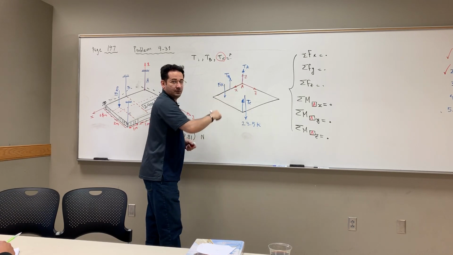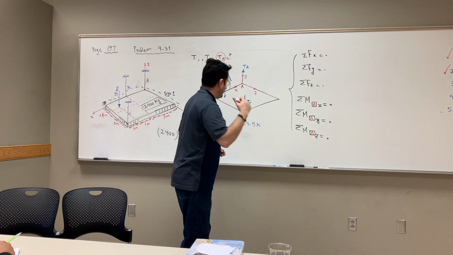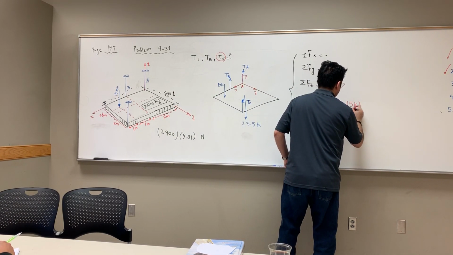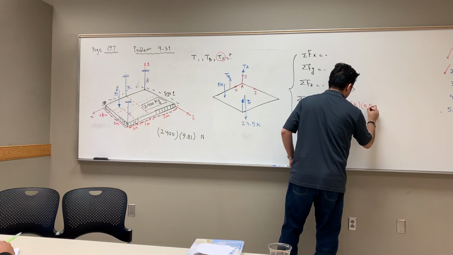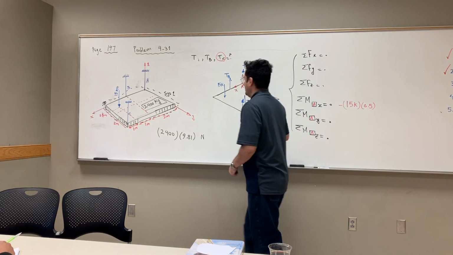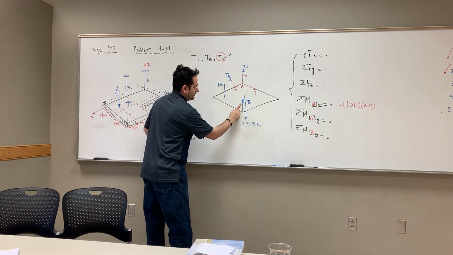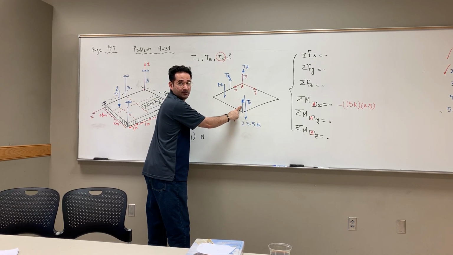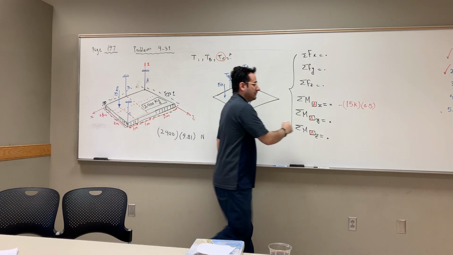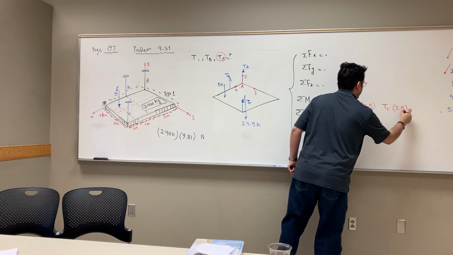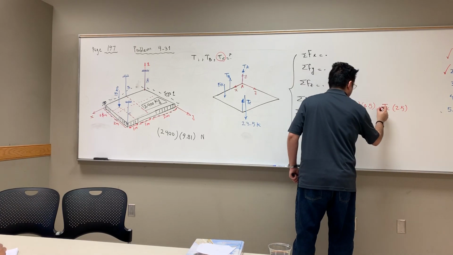Then 15K times 0.5, negative. Thank you. Then go to the next one, TC times 2.5. Positive or negative? Positive. Thank you.